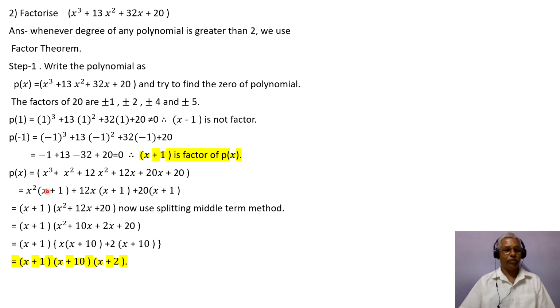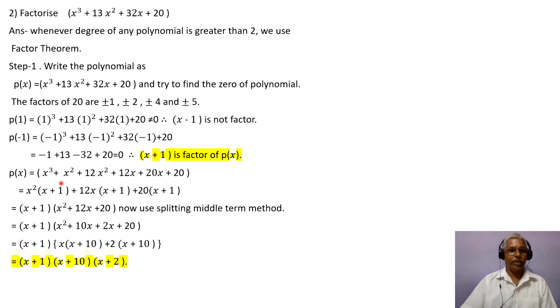If you take x square common, you will be left with x plus 1, because that is one of the factors. So 32x can be written as 12x plus 20x, plus 20.